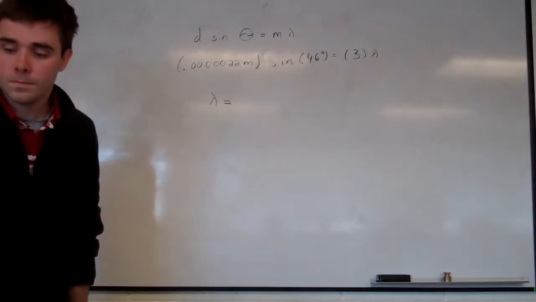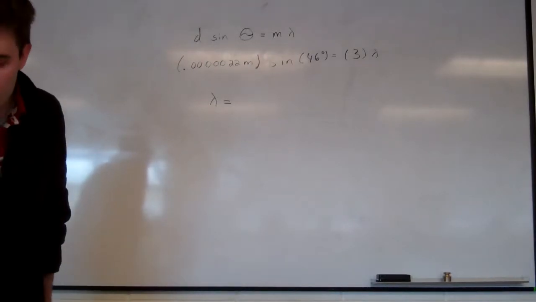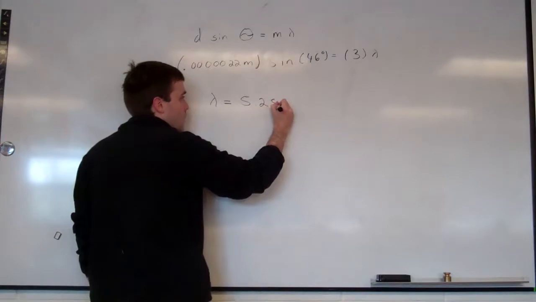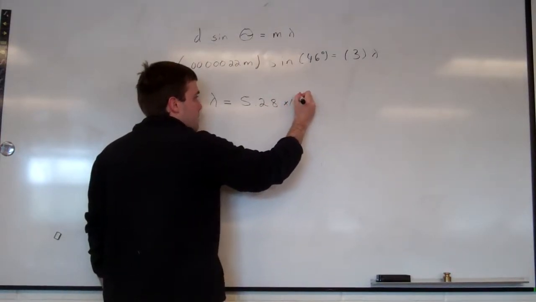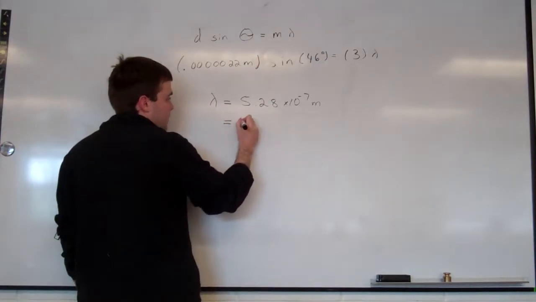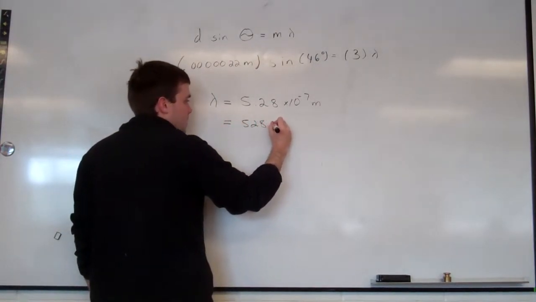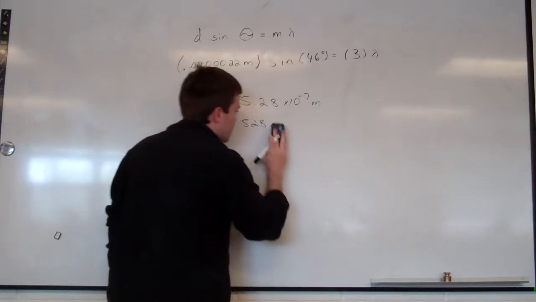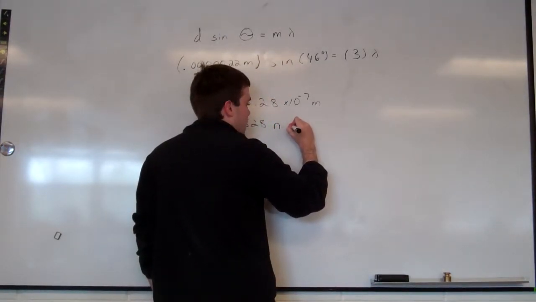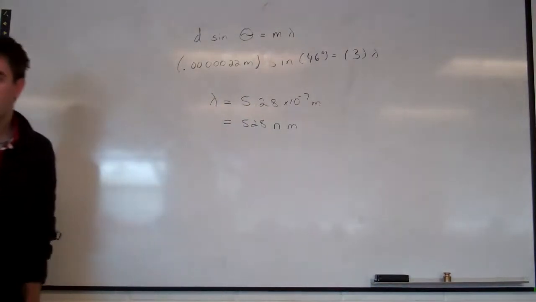Make sense? Okay. So what does lambda equal? 5.28 times 10 to the negative 7. You can also write that as 528 nanometers. Sometimes you'll see it written that way.